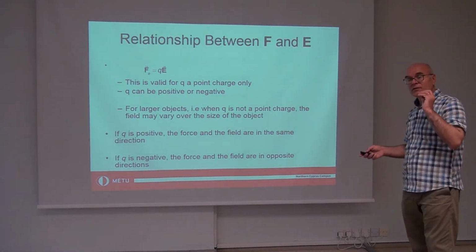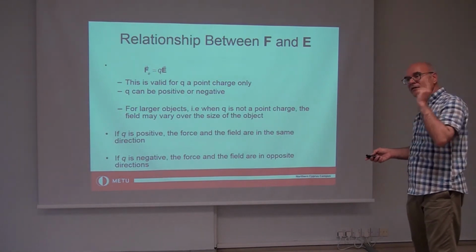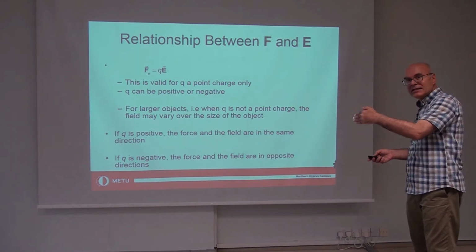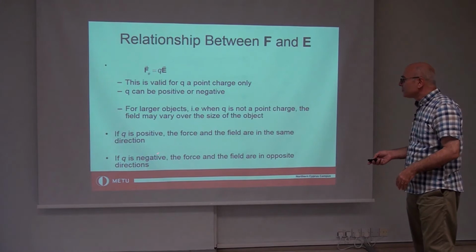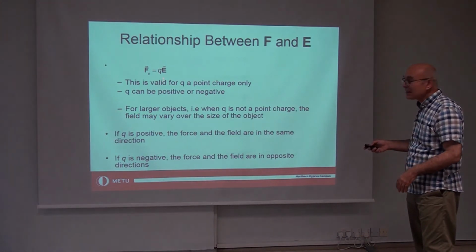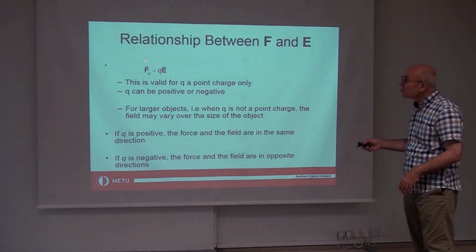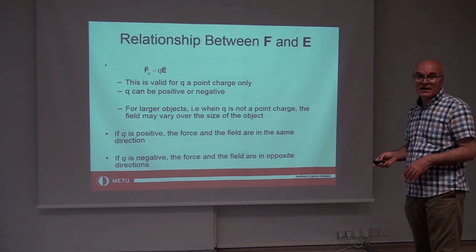So for a positive charge placed in an electric field, the force on that charge will be in the same direction as the electric field at that point. If the charge is negative, Q is negative, then you are multiplying this vector by a negative scalar. So the result here, which is the force vector, will be opposite to the electric field vector in this case.